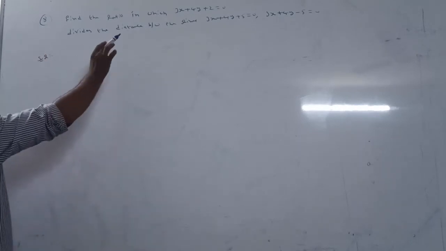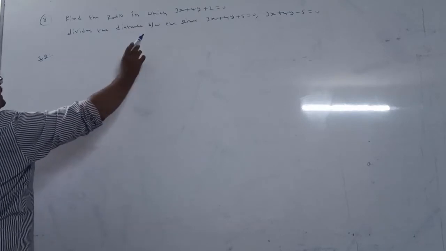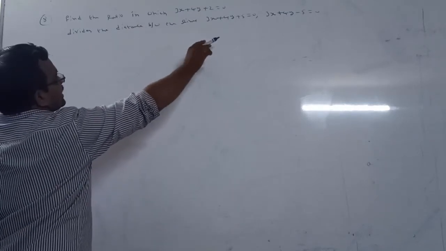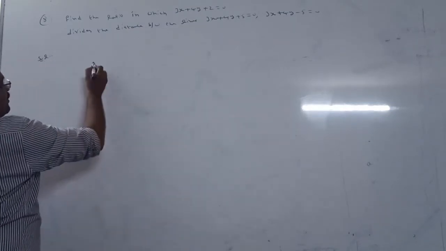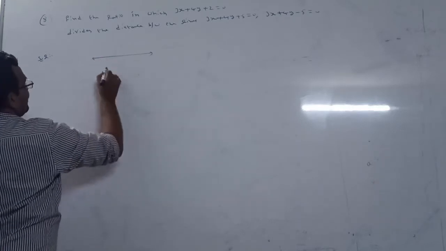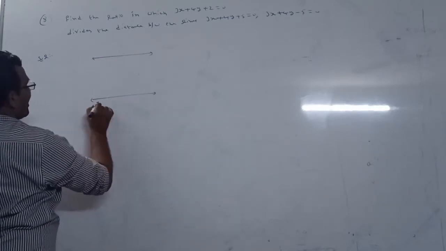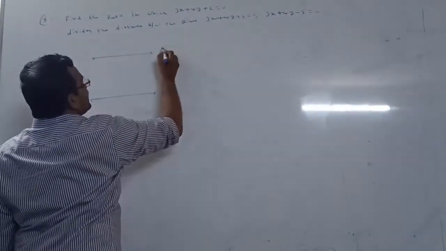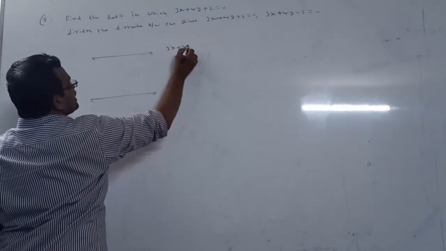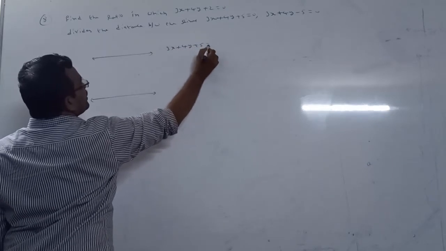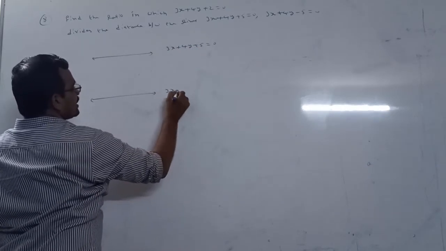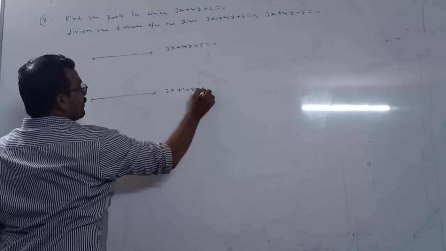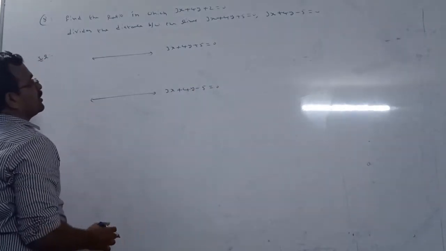So find the ratio in which this line divides the distance between these two lines. For this question all three given lines are parallel lines. This is 3x + 4y + 5 = 0. This is 3x + 4y - 5 = 0.